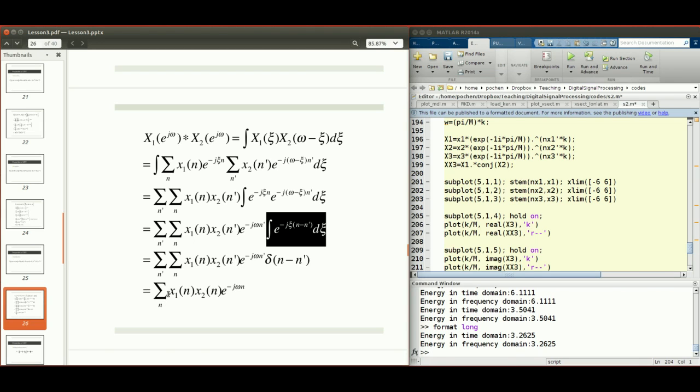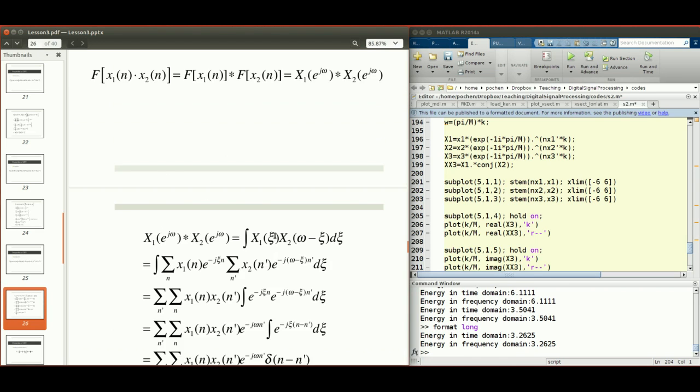So summation over n, x1 n, x2 n, and then e to the minus j omega n prime becomes e to the minus j omega n. And if you look at this particular formula, that's exactly the Fourier transform of x1 n times x2 n, right?